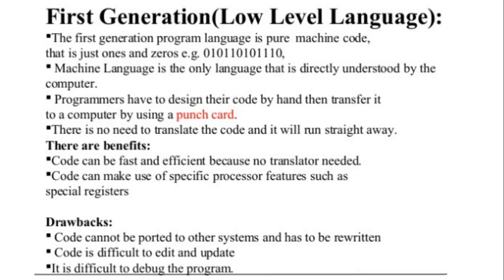This is in contrast to the high level languages which we'll be looking at in the future, where we need a translator. But for now, for machine language, you need to remember that we don't need translators because the language itself is in the form which the computer can understand directly.